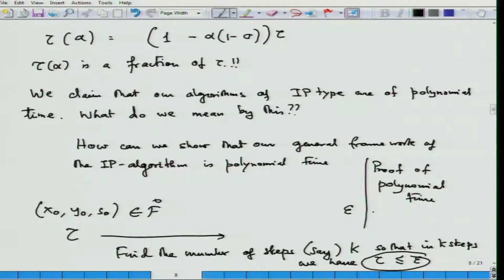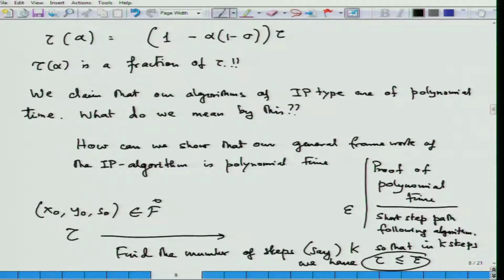Proof of polynomial time, and then once we have the proof of polynomial time, we will start with something called the short step path following algorithm. We will do its convergence.